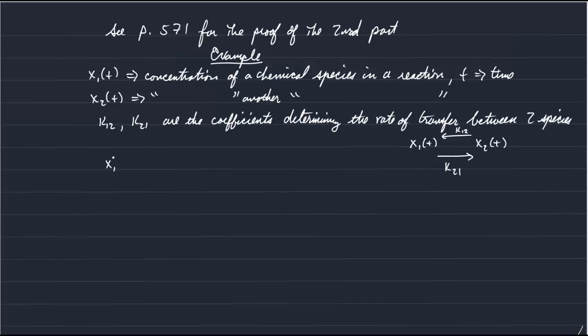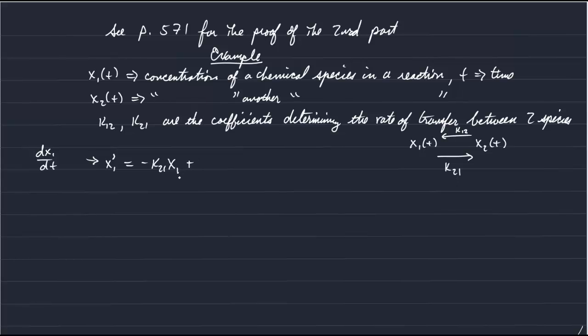Therefore, the rate of creation of x1 as a function of t, so again, this is the rate of increase of x1 with respect to t, is equal to the loss due to the reaction that creates x2. So the rate that x1 is converted to x2 is proportional to x1, and again it depends on the coefficient k21.